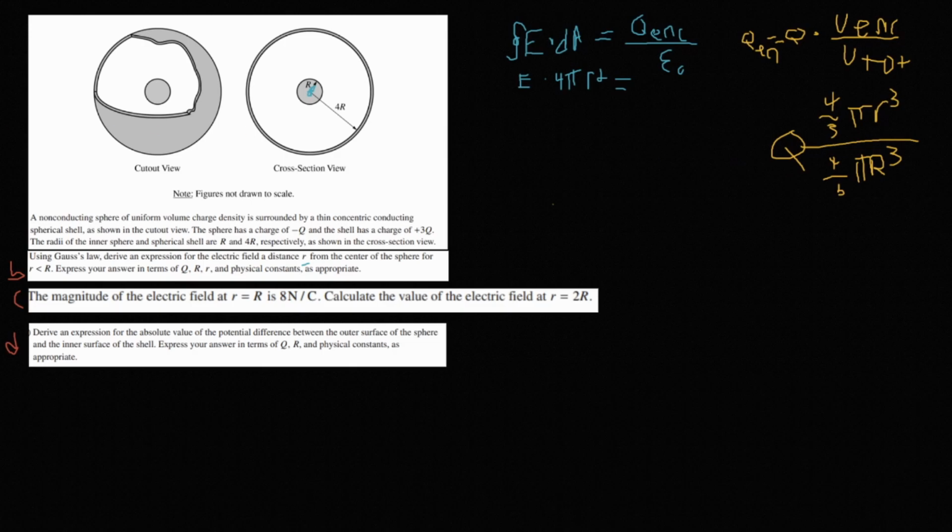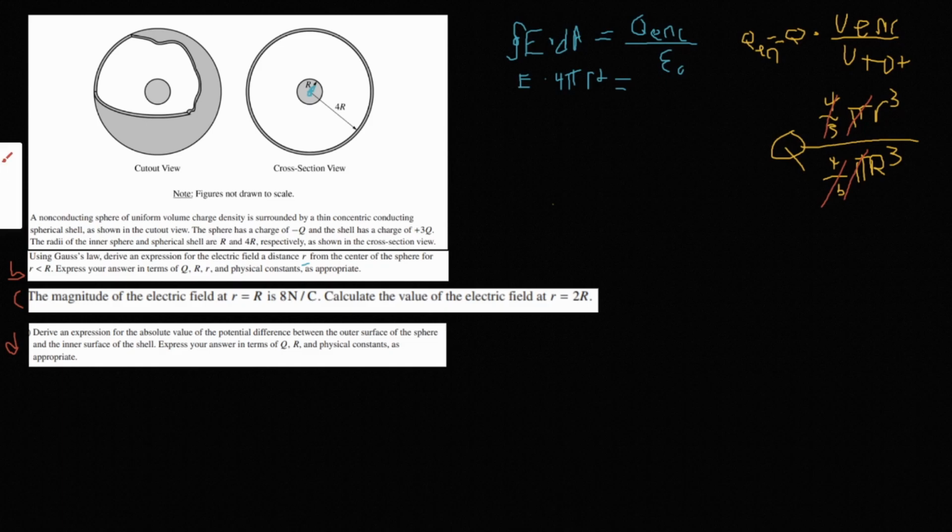And so now you can see that the 4/3 and the pi's cancel, leaving that Q enclosed is now Q times little r cubed over big R cubed.